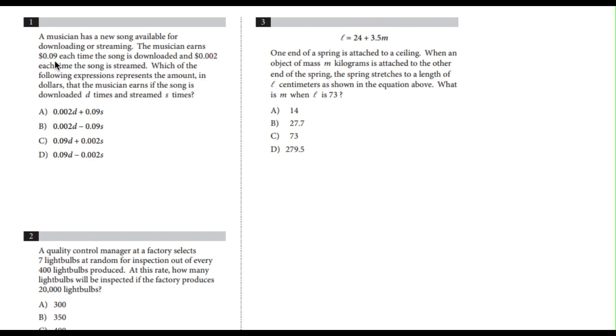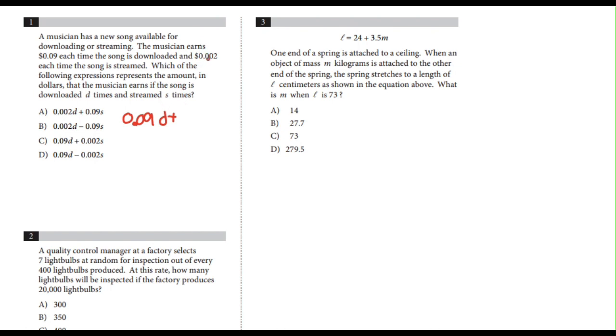So we know that he earns 9 cents each time the song is downloaded, so we can write 0.09 times the number of times that the song is downloaded. This represents how much the musician makes for downloaded songs. And then we're going to add this to how much the musician makes for their streamed songs.